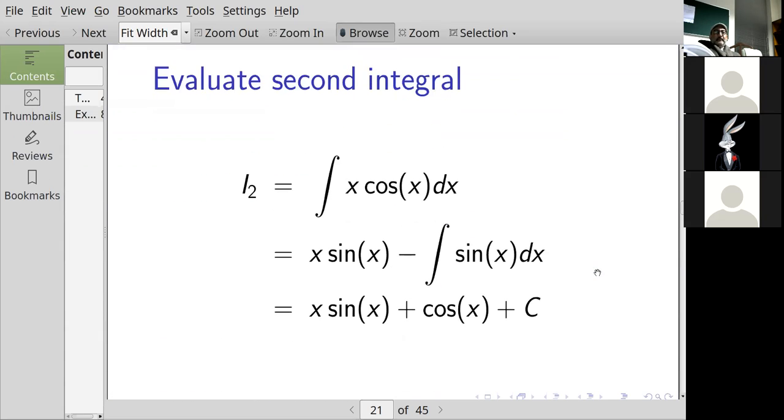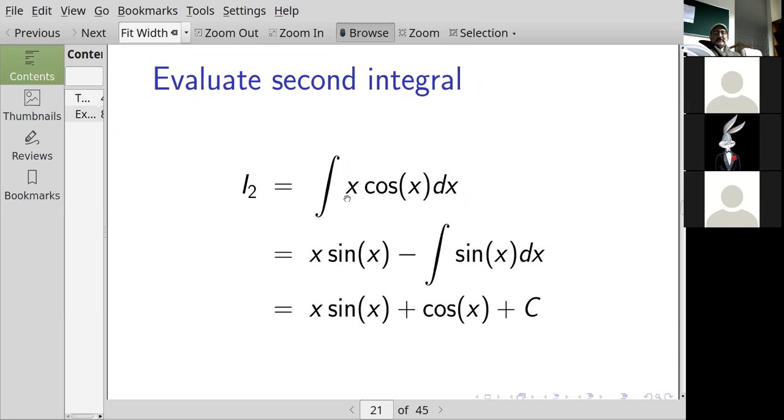So again, I've got x times cos of x. I'm going to let u equal x. I'm going to let dv be cos of x dx. If dv is cos of x dx, then v is sine of x. So x sine of x minus the integral of v, sine of x, times du.